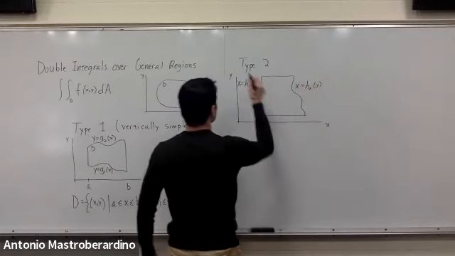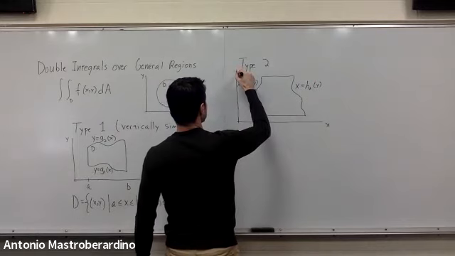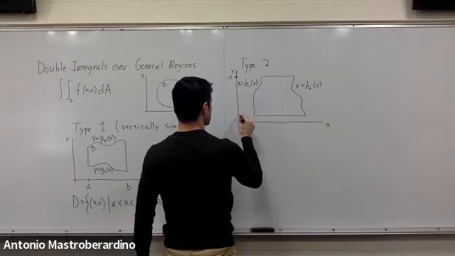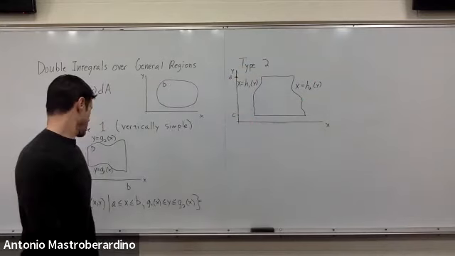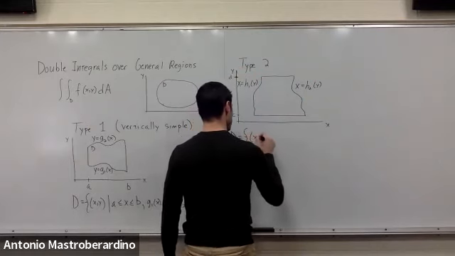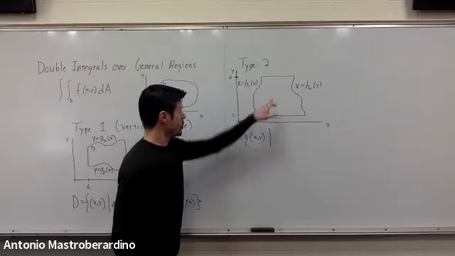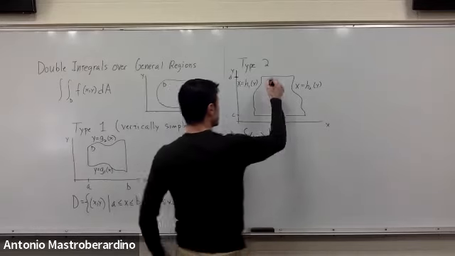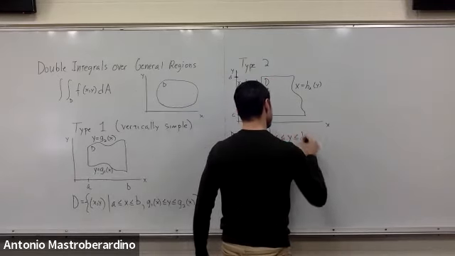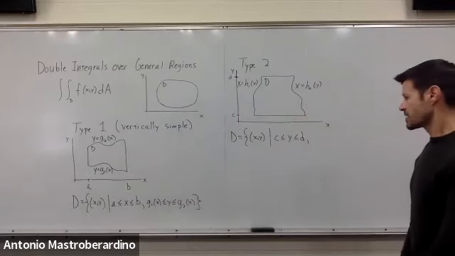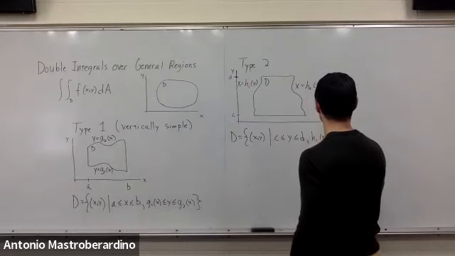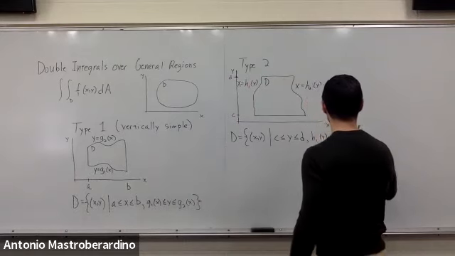Okay, and for the y-axis, I can write in some labels. I can say that this is D up here, and this is C. Okay? And I can use set builder notation for this set, where this is the set of all points x, y, such that all the points in this region D, the y components are bounded between the constants C and D, and the x components are bounded between these two functions of y, h1 of y below and h2 of y above.